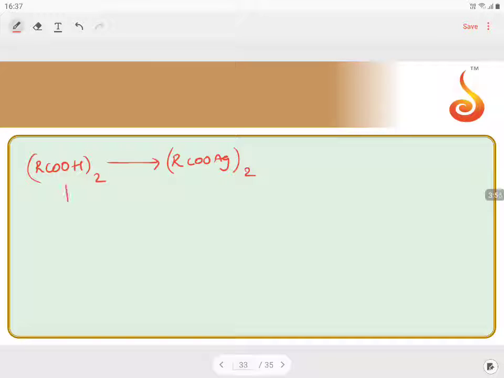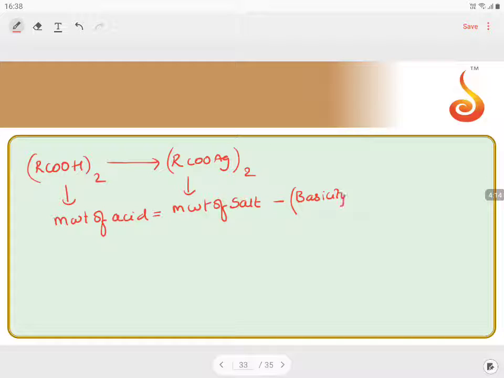Now if I want the molecular weight of this, the molecular weight of acid is equal to the molecular weight of salt. The only difference you can see is minus basicity into atomic weight of silver, plus basicity into atomic weight of hydrogen.